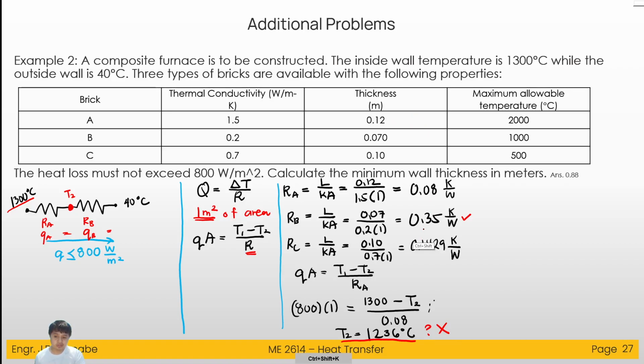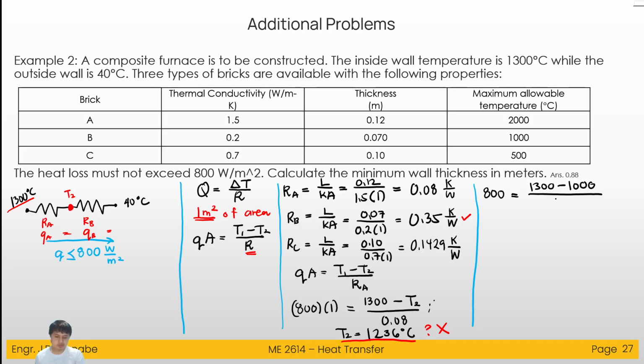So to attain that temperature that we need, instead of finding the T2, we can assign T2 here and then find the resistance needed to reach that 1000 degrees. So you can imagine 800 again. I won't write the 1 anymore. So you have 1,300 minus 1000.